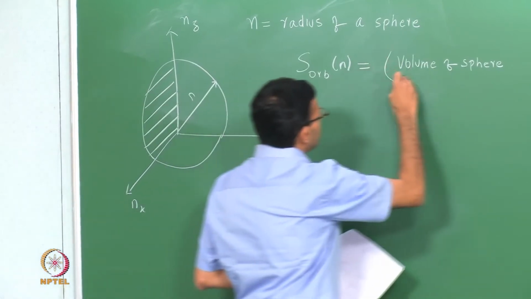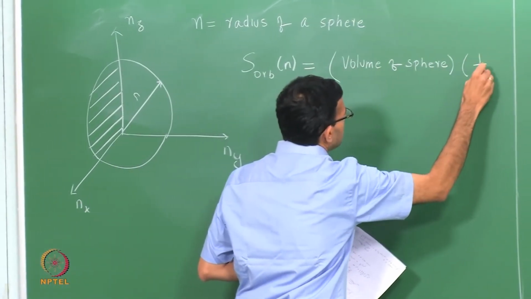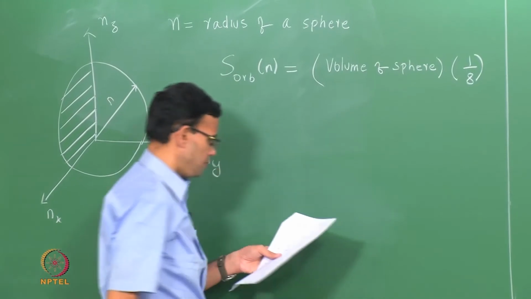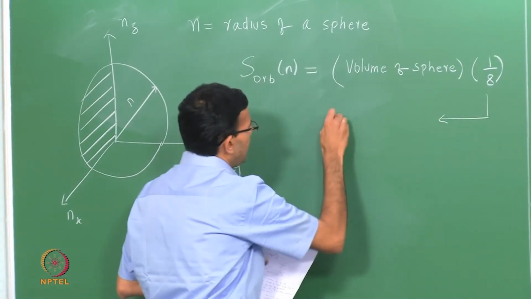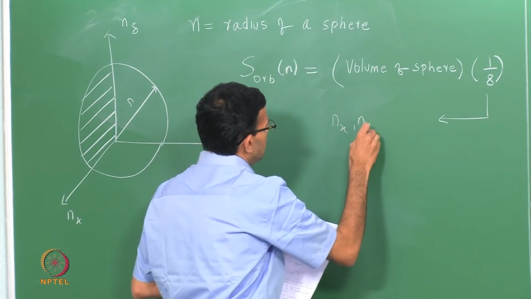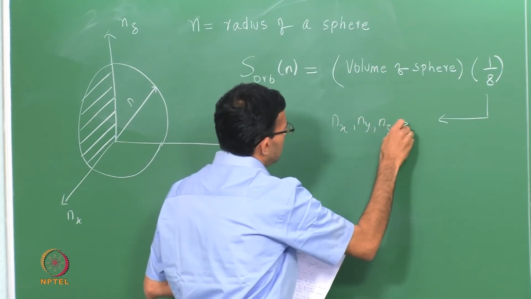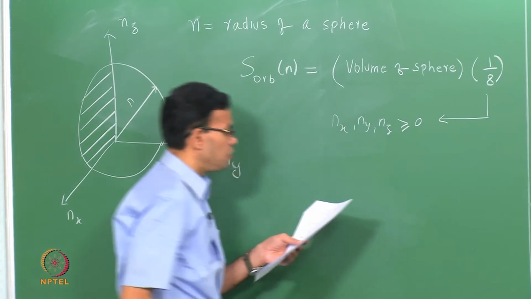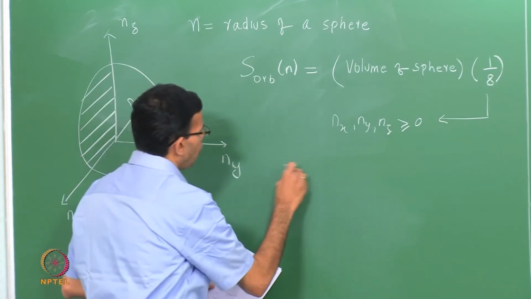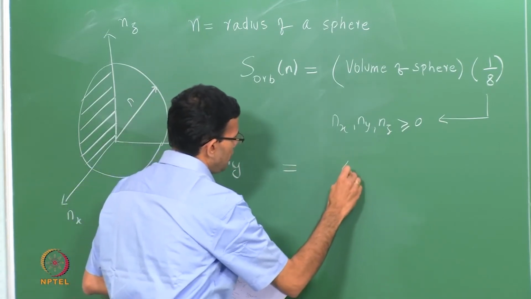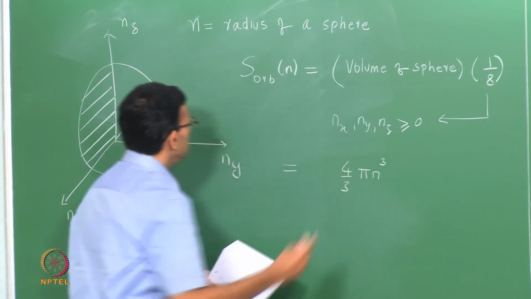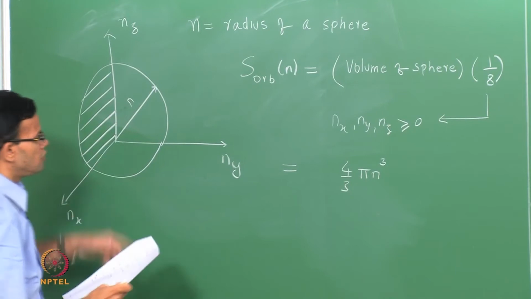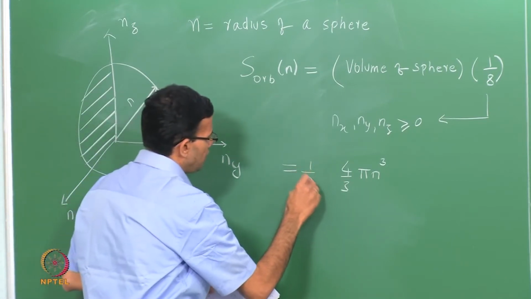So it is the volume of the sphere times 1/8. The 1/8 arises because nx, ny and nz are all greater than 0. Volume of the sphere is nothing but 4 by 3 pi n cube, since n is the radius of the sphere, and then you have the factor 1/8.